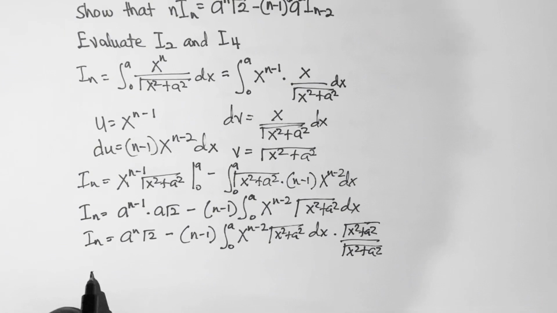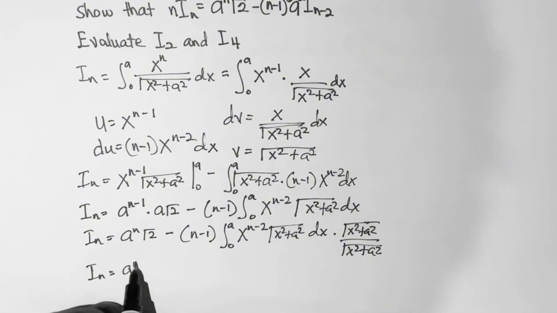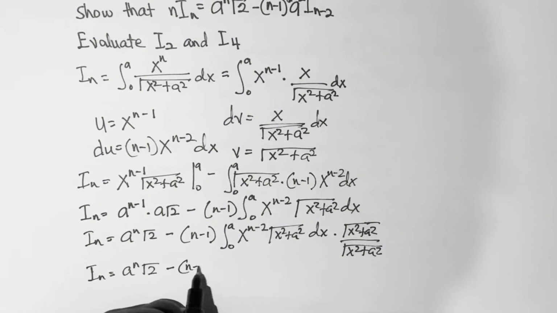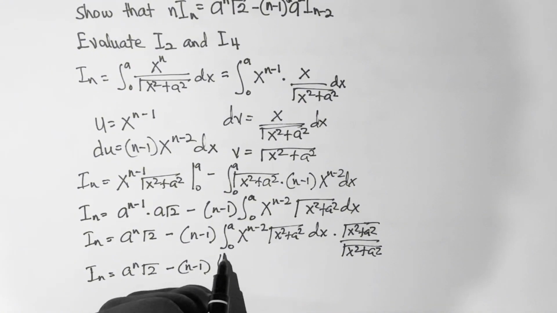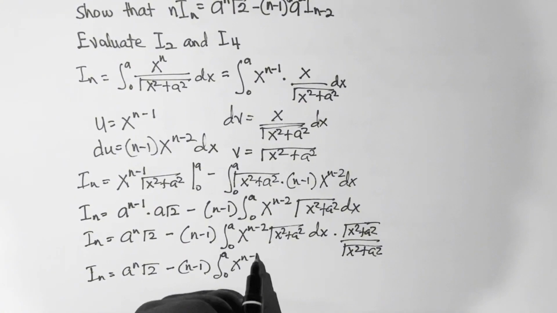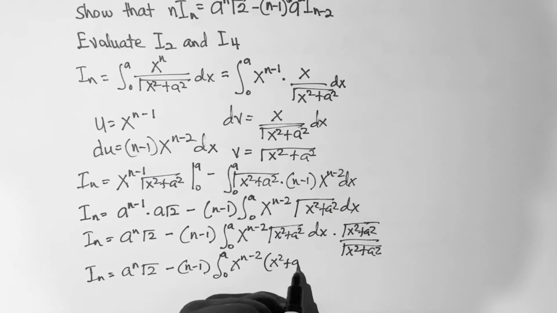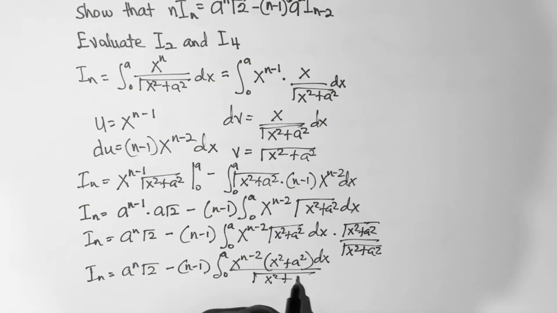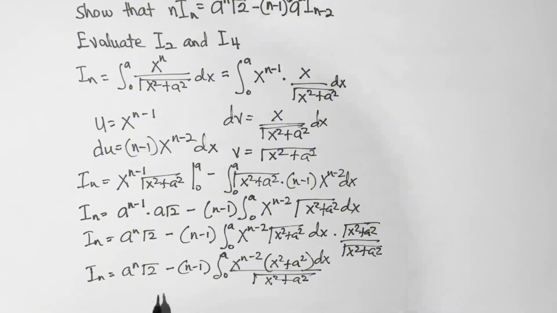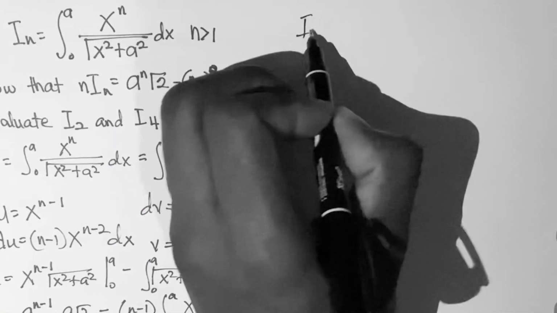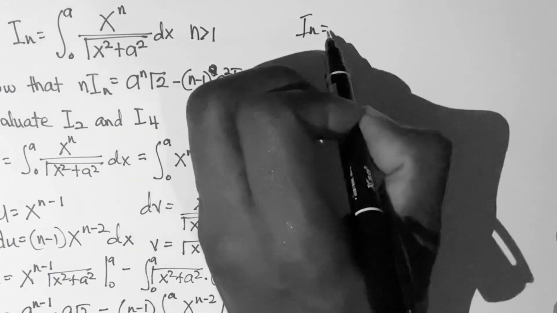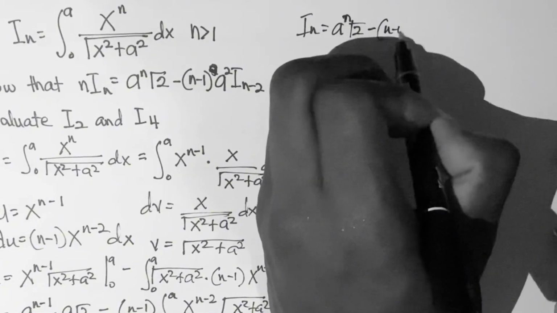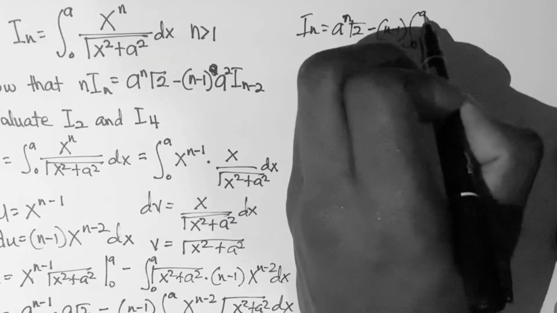So we find out that I of n is equal to a exponent n root 2, and then minus into bracket n minus 1 integral of 0 to a, and here becomes x exponent n minus 2 times x squared plus a squared dx, all of this divided by square root of x squared plus a squared. So we can then break this integral into 2. So I of n is equal to a exponent n root 2, then minus into bracket n minus 1 integral of 0 to a.